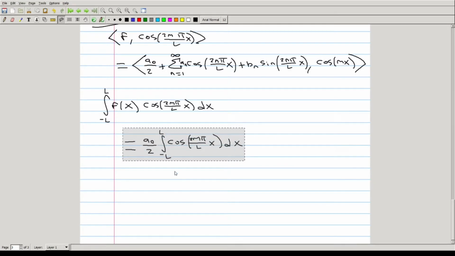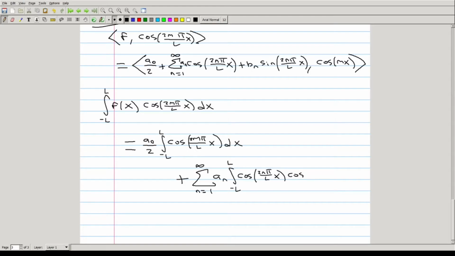That's the sum of this, plus then the sum from n equals 1 to infinity of a n times the integral from negative L to L of cosine of 2n pi over L x times cosine of 2m pi over L x dx.